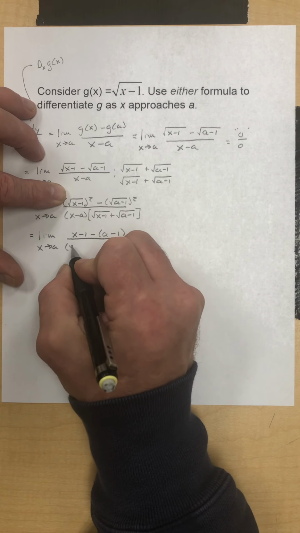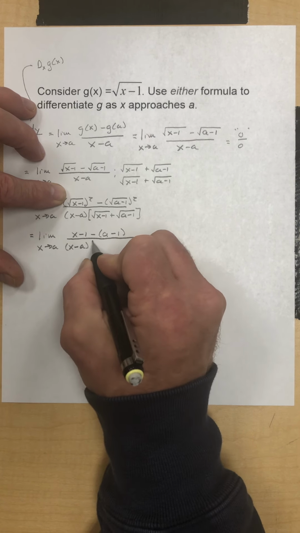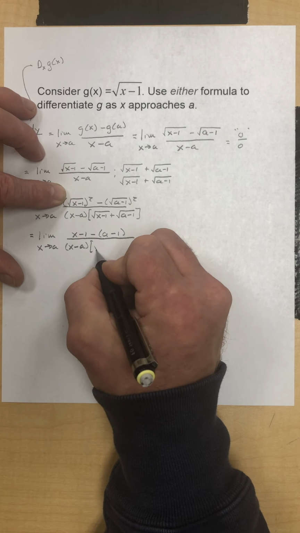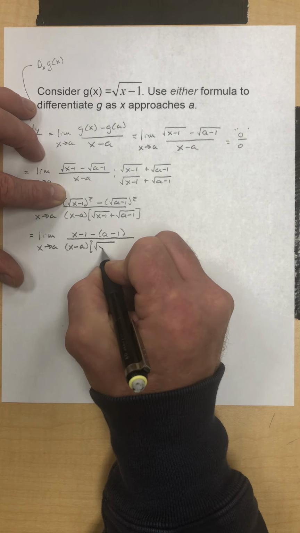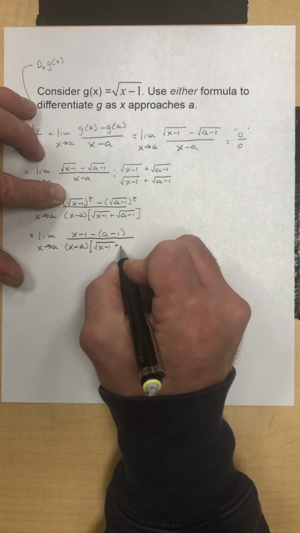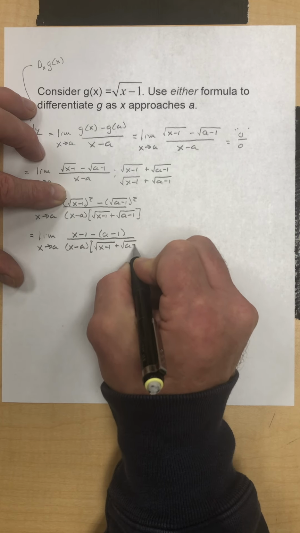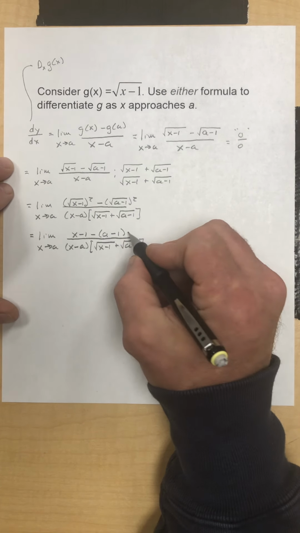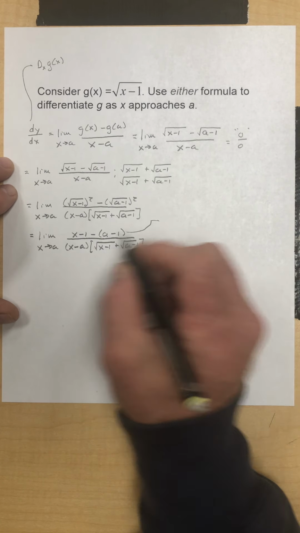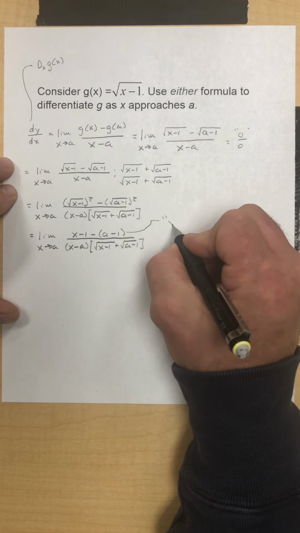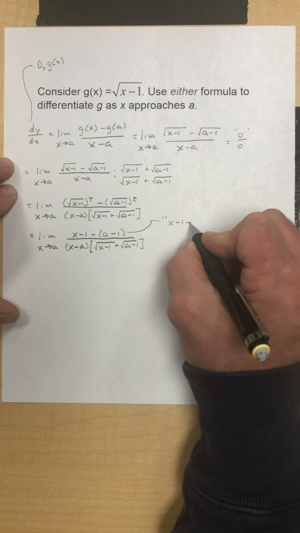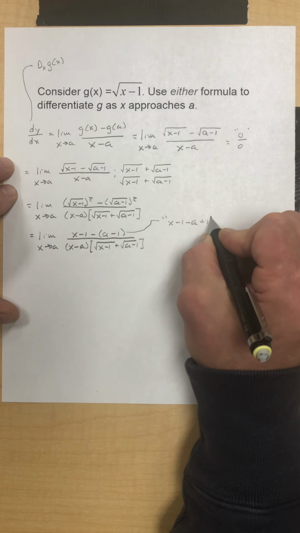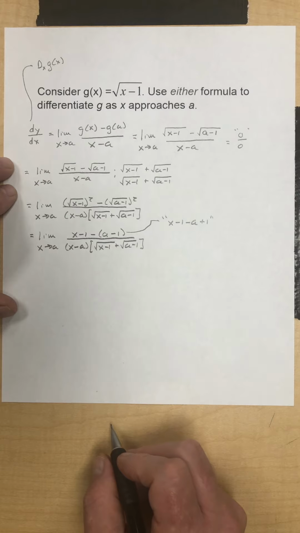And then down below I have my x minus a, and I have my binomial square root of x minus 1 plus the square root of a minus 1. If I distribute that negative 1, notice I'm going to get x minus 1 minus a plus 1. And notice those 1's cancel each other out.